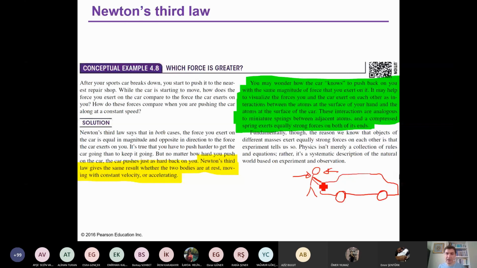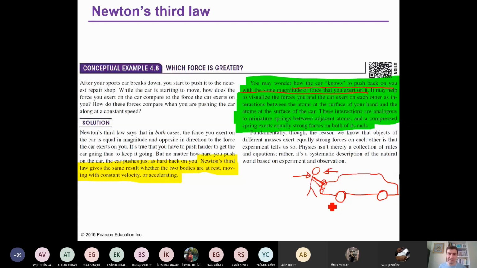So then the question: how does the car know to push back on you with the same magnitude of force that you exert on it? Here the car is made from atoms. This is just a schematic representation. Here we have many atoms, millions of atoms, and also on the surface of our hand we have many atoms.